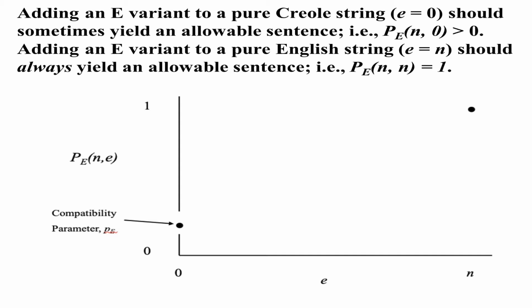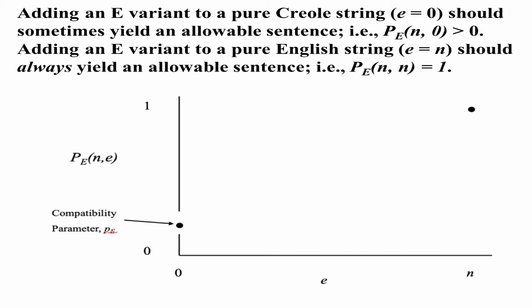So this point here can't be down here at 0. So this is a parameter. I'm going to call it compatibility, because it is the probability that E and C go together.